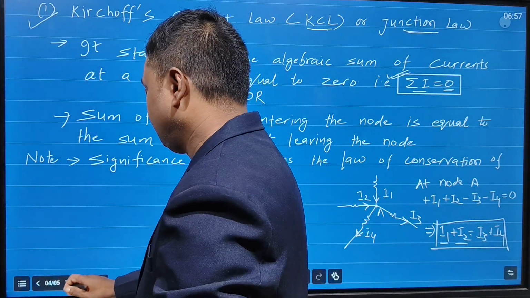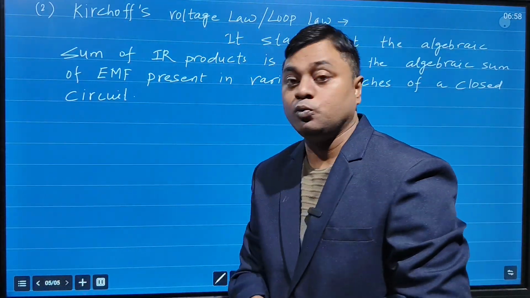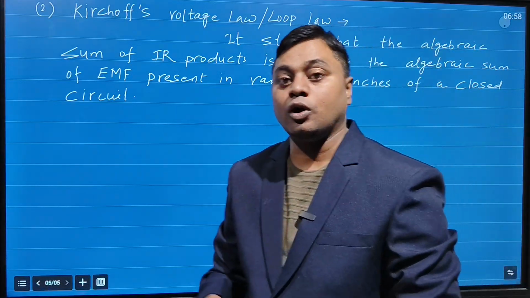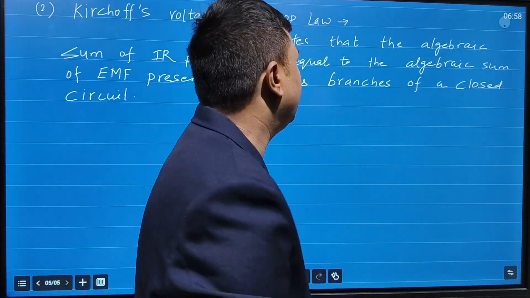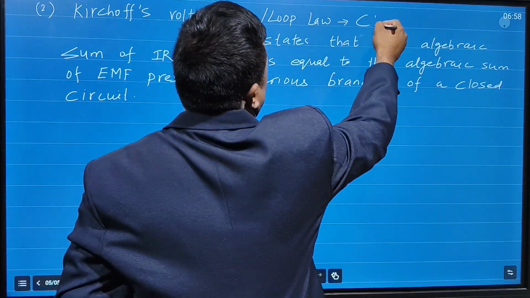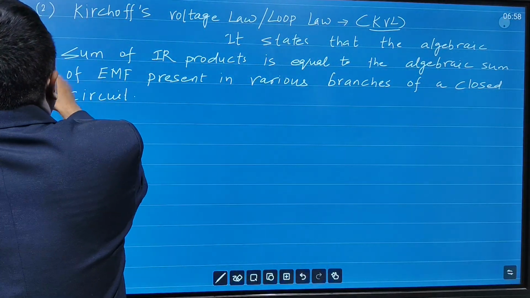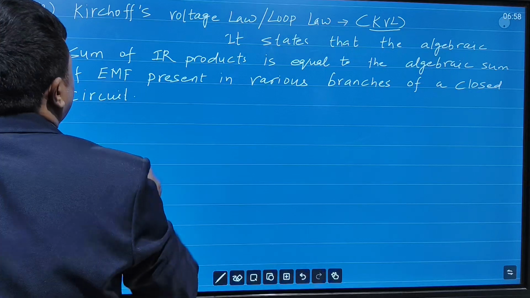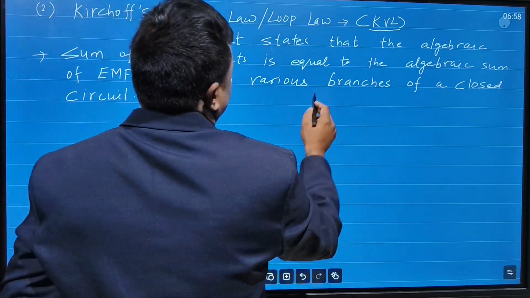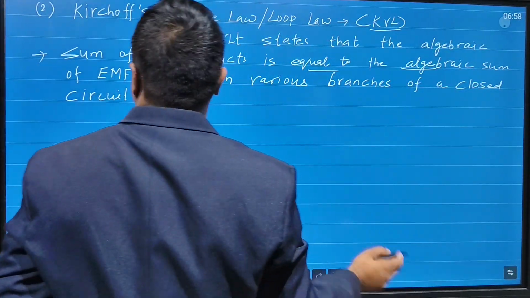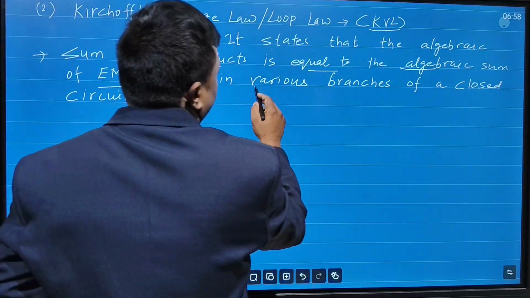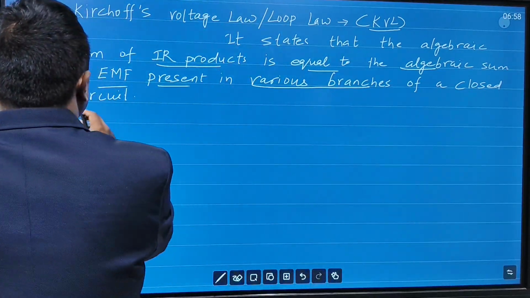Next, we talk about Kirchhoff's voltage law, also called the loop law, KVL. You see the statement. According to this law, the sum of IR products is equal to the algebraic sum of EMF present in various branches of a closed circuit.